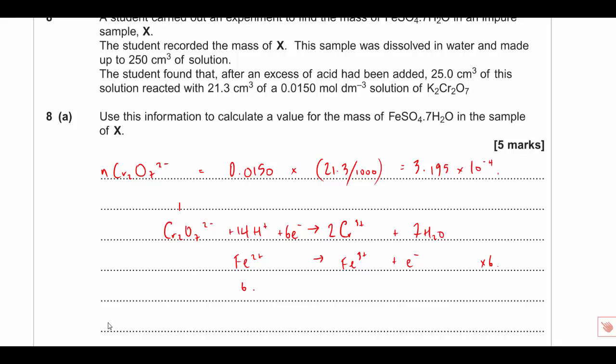We know therefore that the moles of Fe2+ are 3.195 times 10 to the minus 4 multiplied by 6. That gives us 1.917 times 10 to the minus 3. Let's check where we are now.